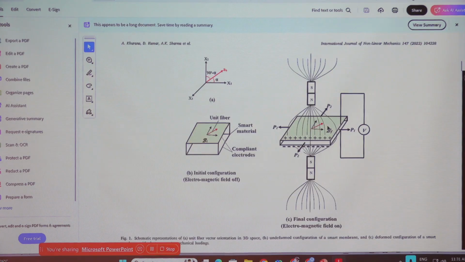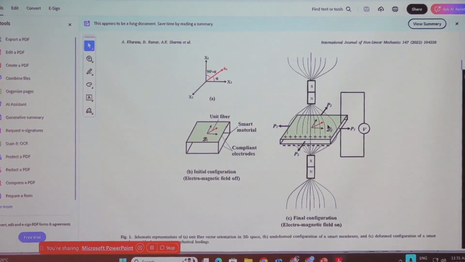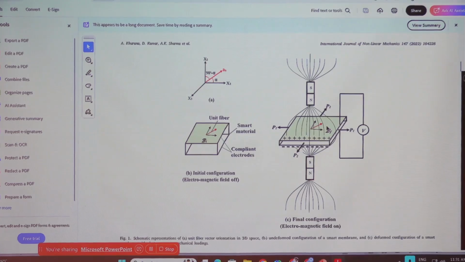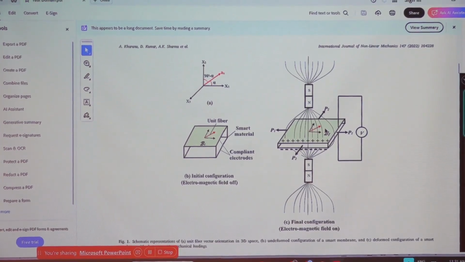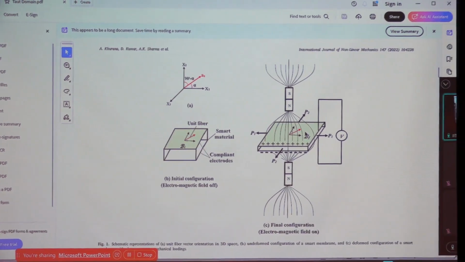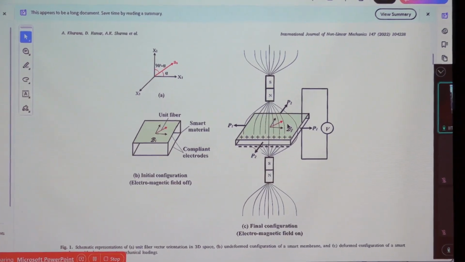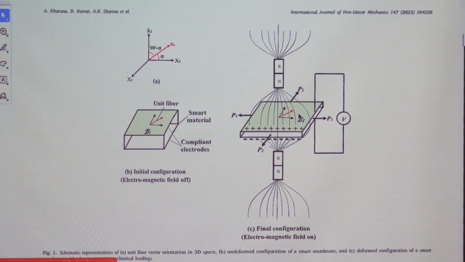So our membrane is now an electromagnetoactive membrane. We have already seen that nowadays the actuation mechanism can be tuned by implementing electric and magnetic fields together. We have one class, electroactive polymer, and another, magnetoactive polymer. Nowadays electromagnetoactive polymer is widely used, and people are still developing this type of material.